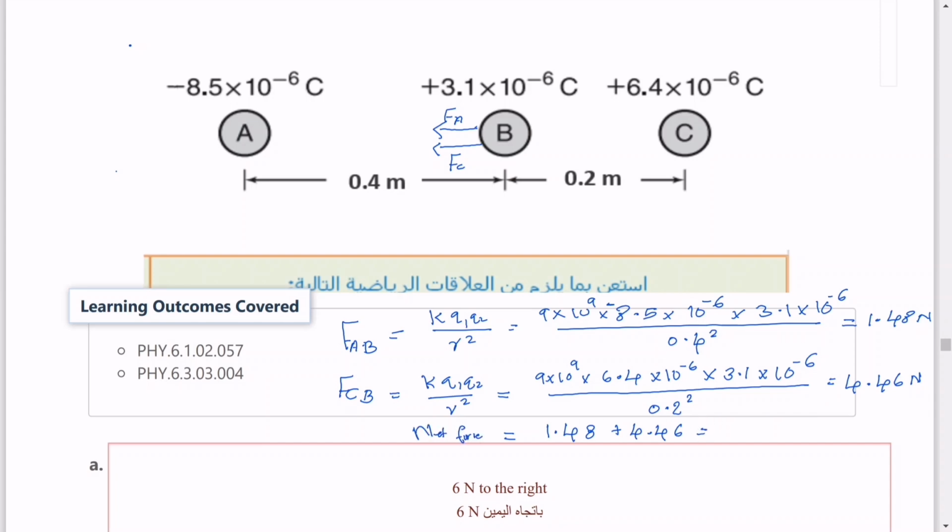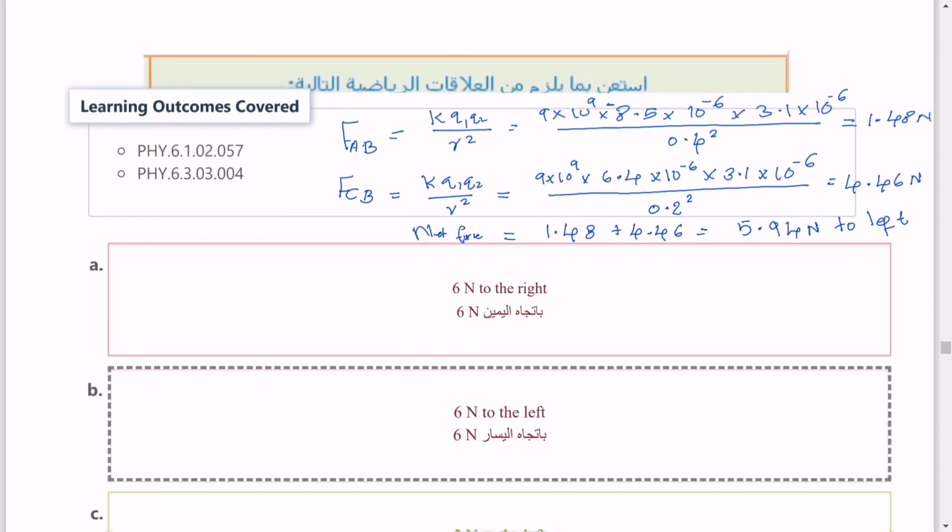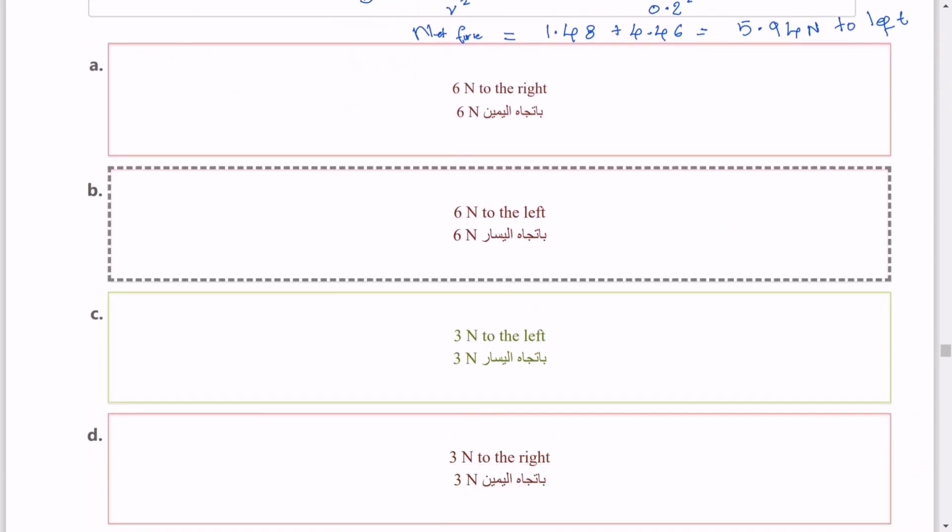We are adding because both the forces are acting in the same direction. 1.48 plus 4.46 equals 5.94 Newton towards the left. So the answer is 6 Newton to the left.